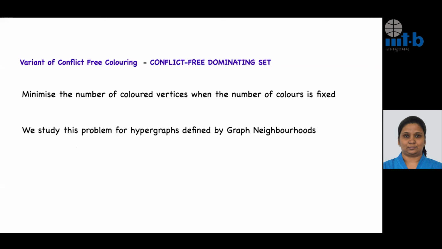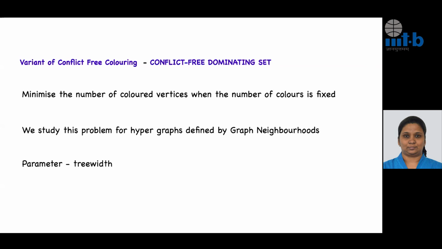We study the problem for hypergraphs defined by graph neighborhood. We studied this problem for general graphs, which includes all simple graphs, and we studied the FPT, the parameterized complexity, using the parameter treewidth of the graph.